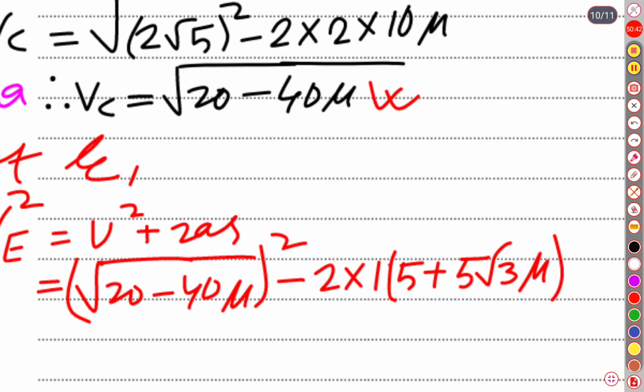So this is our 2 from the formula. Acceleration is (5 plus 5 root 3) mu. It was deceleration, that's the negative symbol. And the displacement S was 1 because the particle moved up 1 meter.